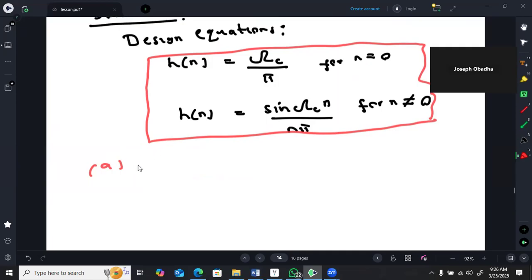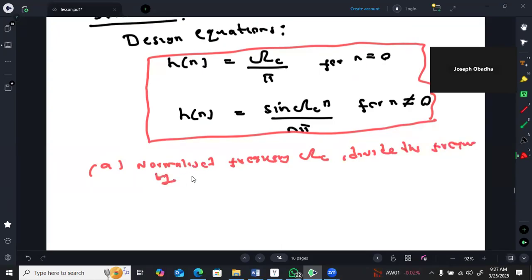We divide the frequency by the sampling frequency, f s, that is omega c.